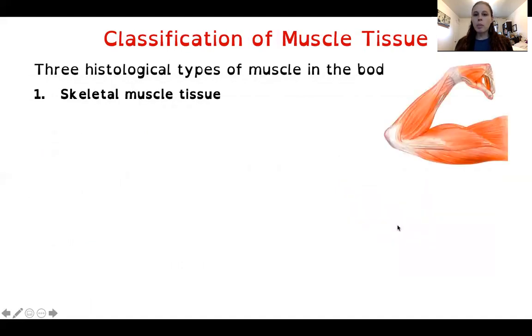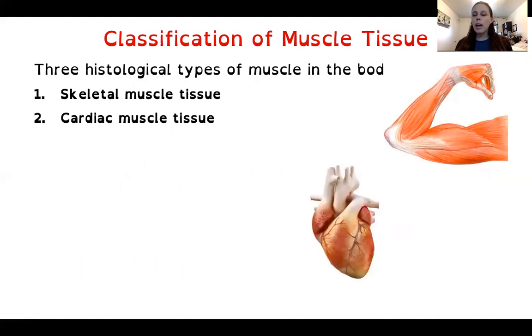Now, muscle tissue can be classified into skeletal muscle. These are all the muscles that allow us to move. But we also have cardiac muscle tissue that we talked about when we did the cardiovascular system. This is the muscle that pumps the blood out of the heart.